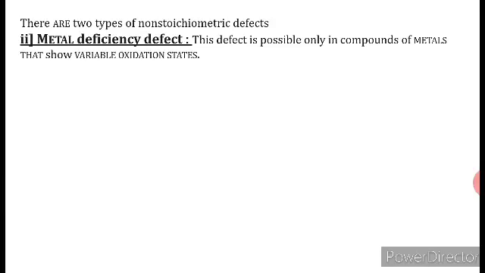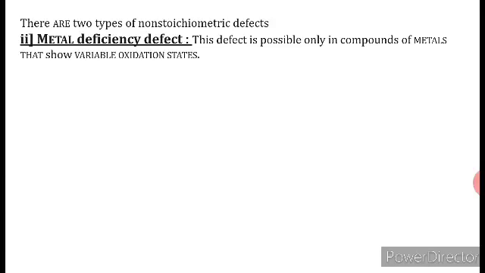In some of the crystals, the positive metal ion is missing from its regular lattice site, and then to maintain electrical neutrality, a cation of the same metal element with higher oxidation state occupies a place in the lattice site.